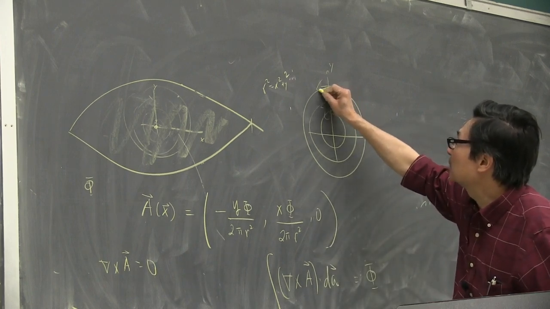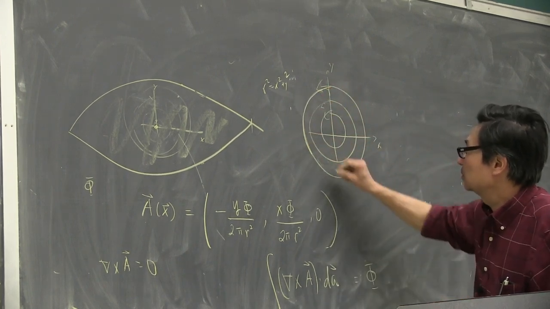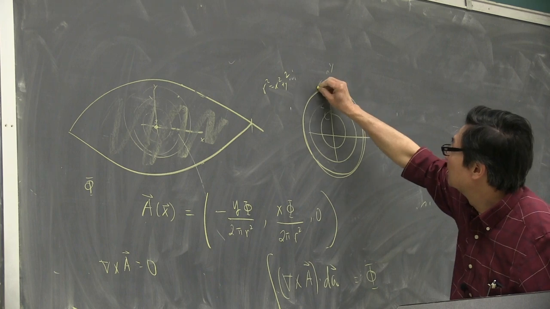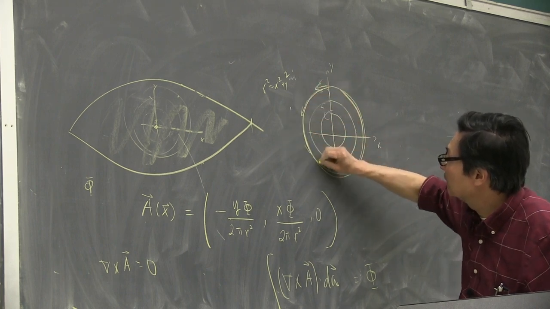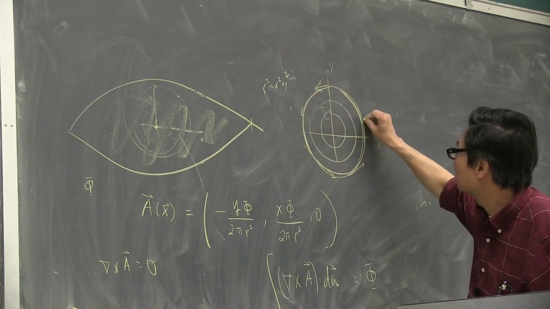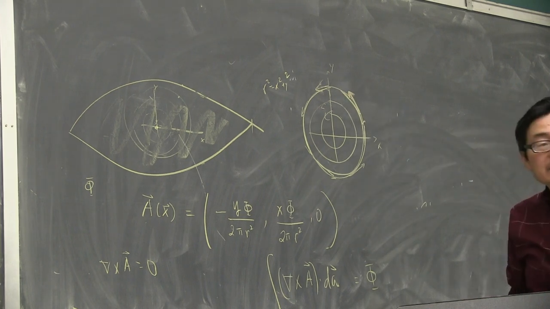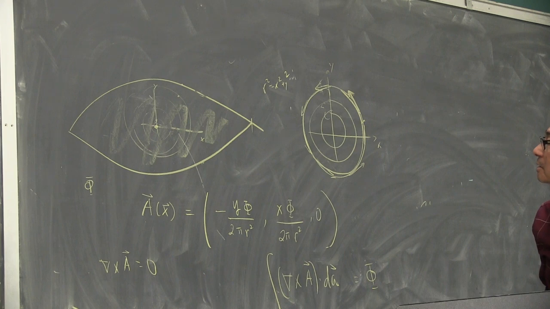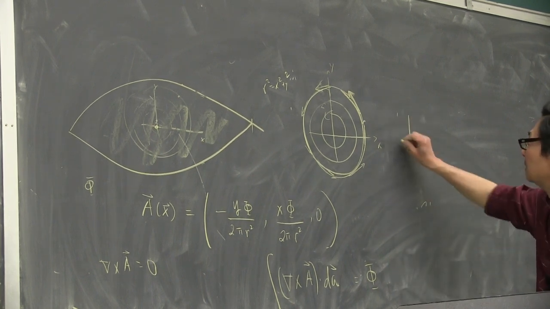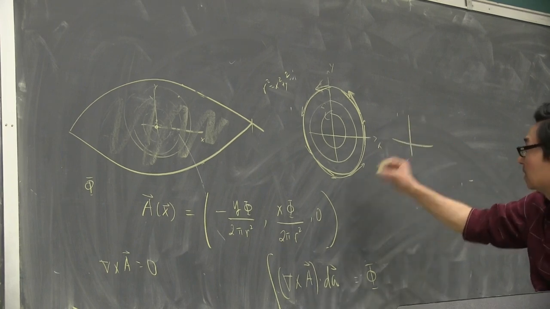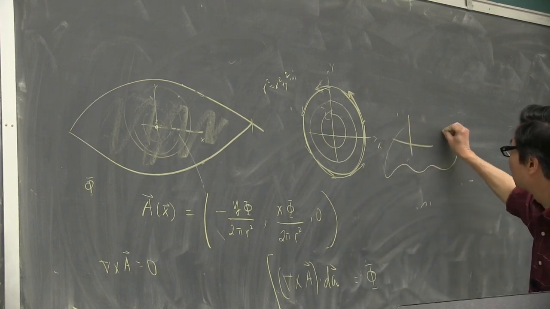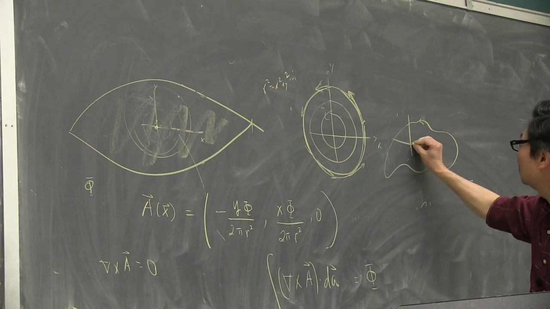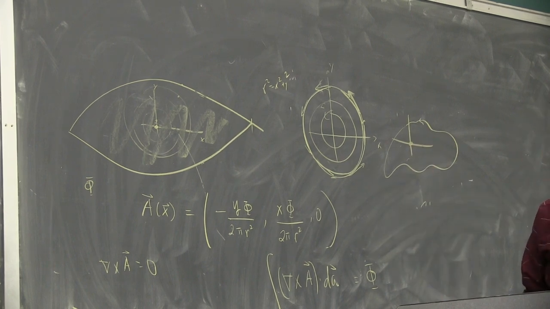Now, it's easiest to calculate it when you choose a circular shape because the A is exactly tangent to any of these circles, so it's very easy to calculate A dot dl for this particular case. But it is not too hard to argue that the loop integral of A dot dl for this field, for any loop whatsoever, as long as it encloses the origin, is equal to phi.